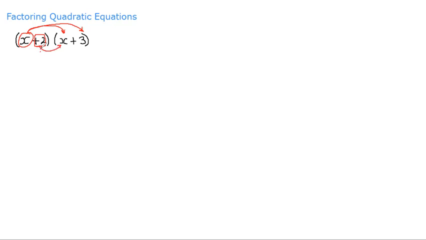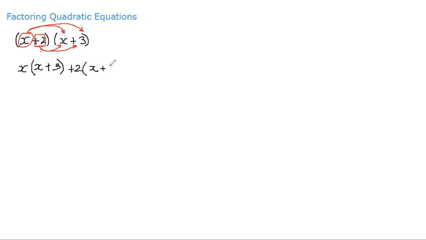So if I was to write this differently, I would have x, because we're multiplying x by the contents of this bracket, which is x plus 3. This is just a refresher on expanding brackets. And then I'm taking this plus 2 and multiplying it by the contents of the second bracket, which is x plus 3.